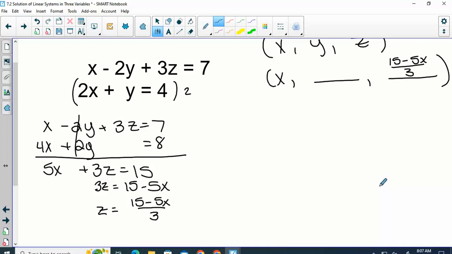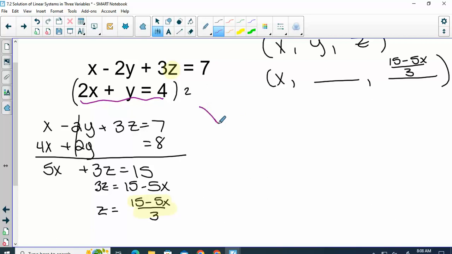How would I get y? Yeah, you have two options. You could either plug this z in up here and solve for y, or the easier option, could we just solve for y in that one?